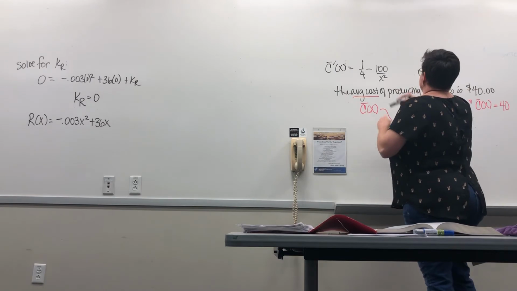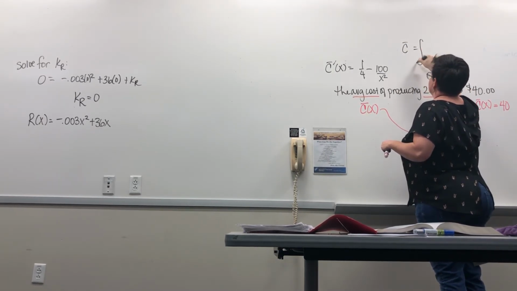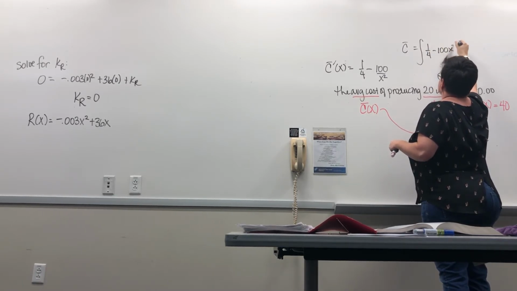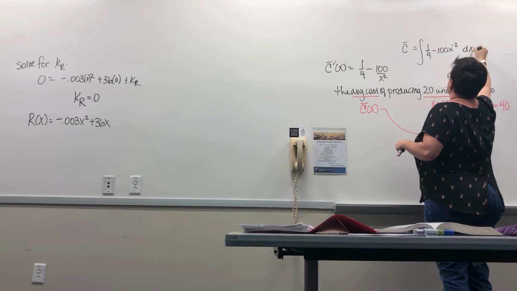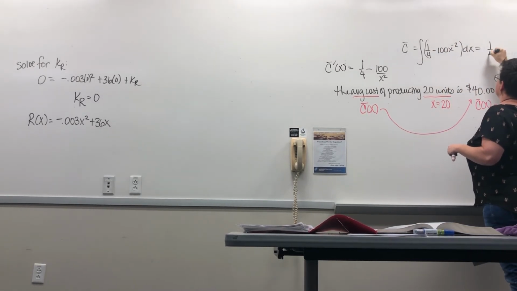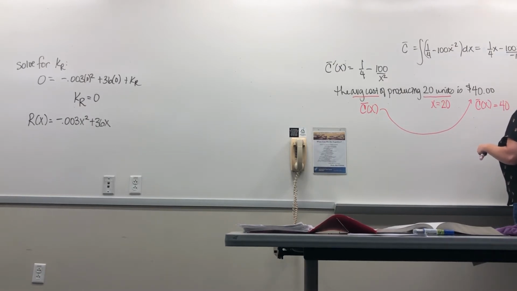So let's make this pretty. Average cost equals the integral of 1/4 minus 100 x to the -2, all with respect to x. So the integral of that is going to be 1/4 x minus 100 x to the -1 over -1 plus k sub c bar.